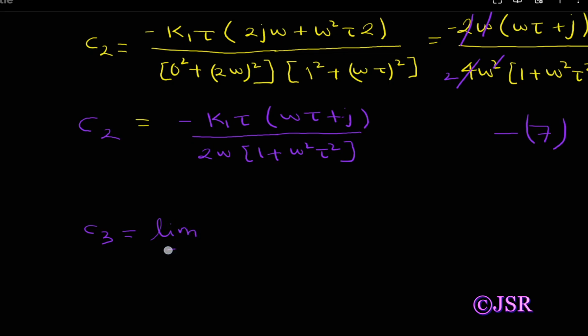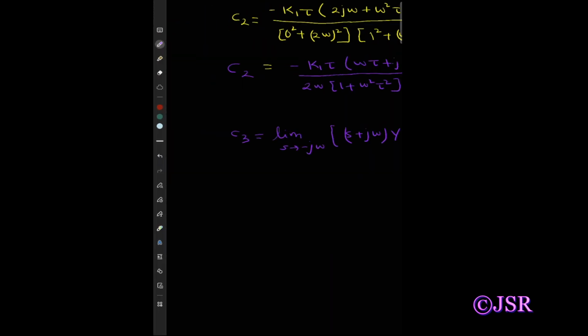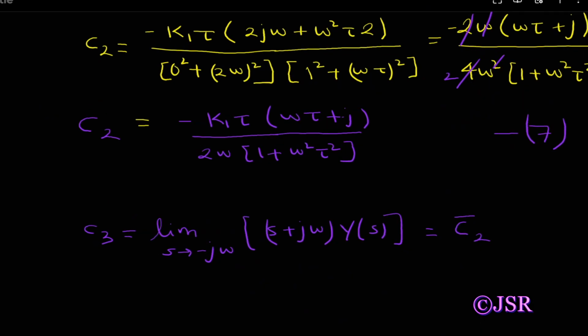Similarly, we can find C3 as limit s tends to minus j omega of (s plus j omega) times y of s, and this will be the complex conjugate of C2.